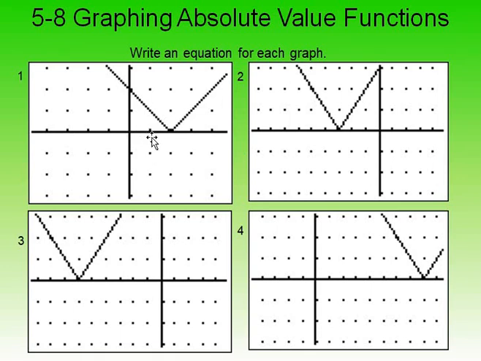And here it's 2, so it's x minus 2. So my absolute value function is y equals the absolute value of x minus 2. Please try to find the equations for this graph, okay?